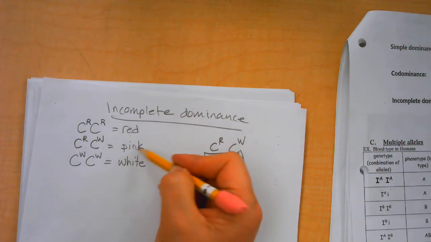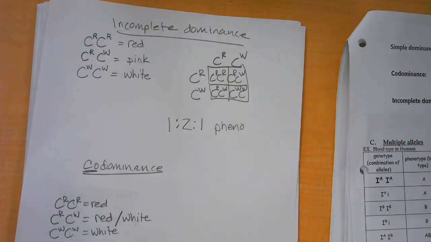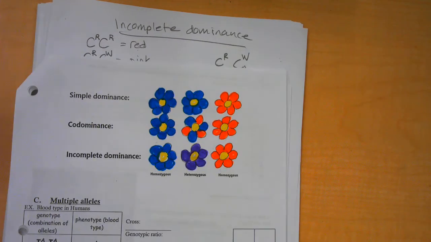This is like in between or a blend of these two. And that's the difference between incomplete dominance and codominance. So you'd get the same phenotype, or same phenotypic ratio. So in your notes on page 13, I made you color this.